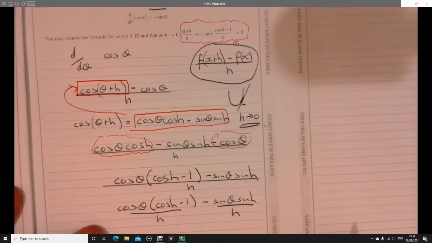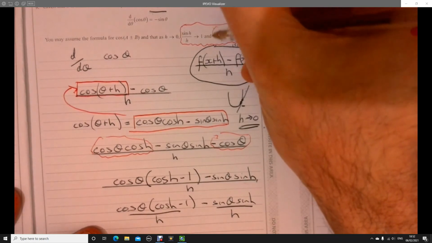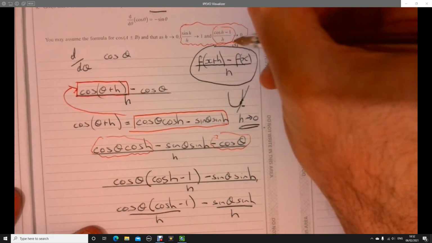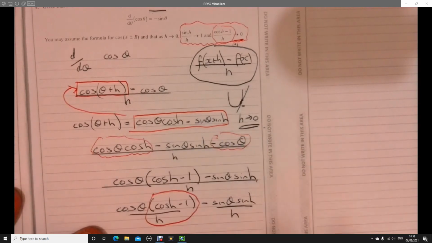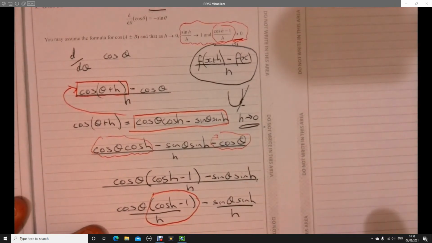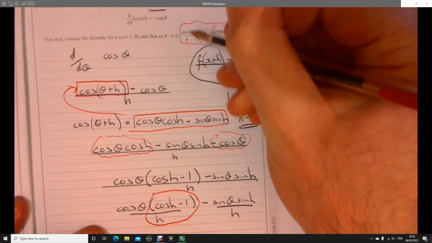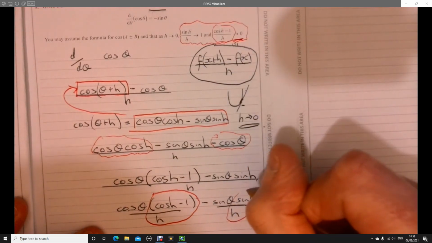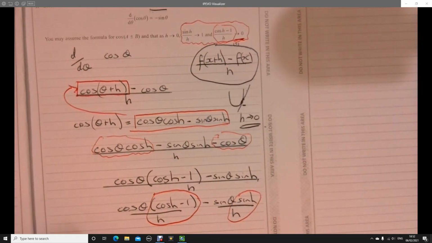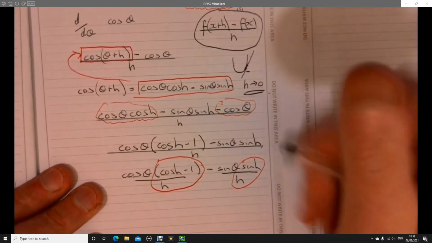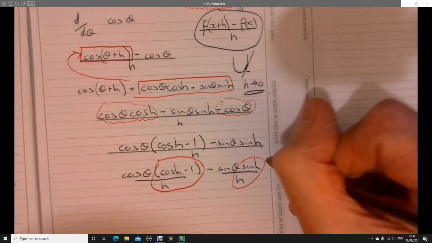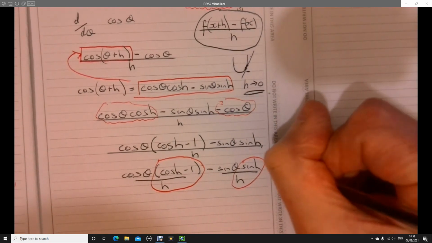Okay, so let's take this bit. That's going to approach 0. So effectively, that bit is 0. And then the other bit, that sine, it's telling me effectively that approaches 1. Right, don't need to worry. If you want to know the idea behind it, if you use small angle approximations, that's going to be h.